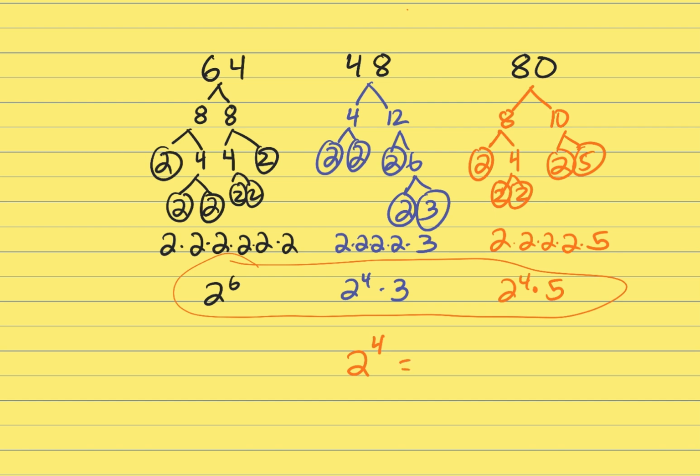Remember, 2 to the 4th is 2 times 2 times 2 times 2, which is 16. That's your greatest common factor. 2 times 2 is 4. 4 times 2 is 8. 8 times 2 is 16.